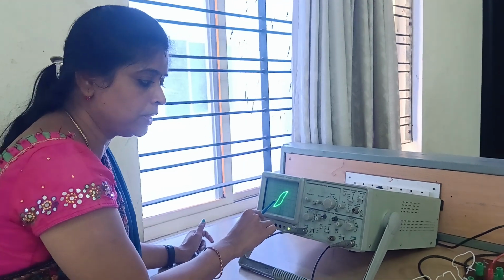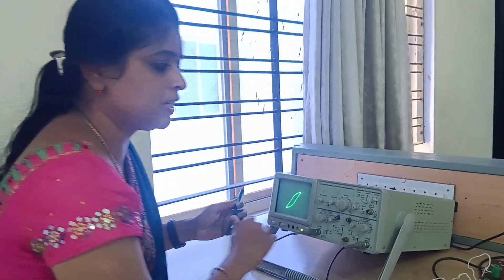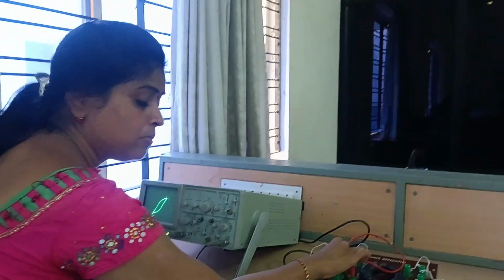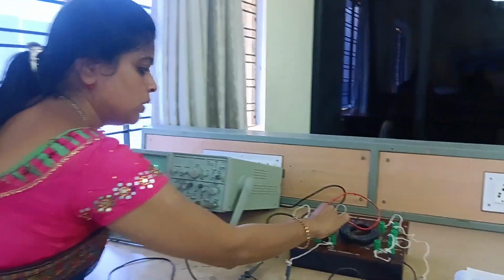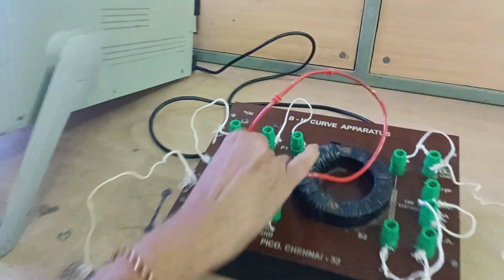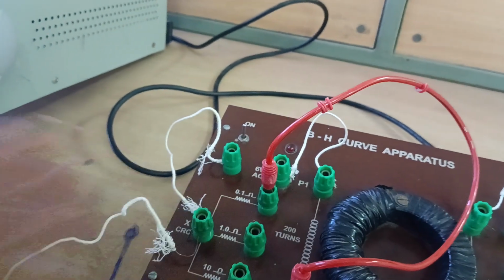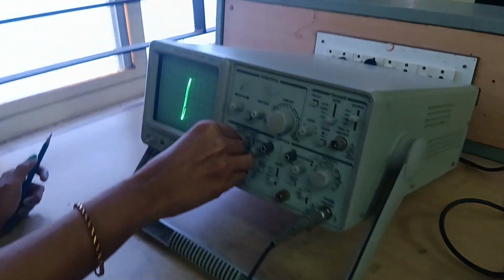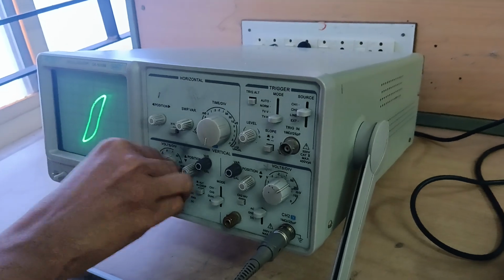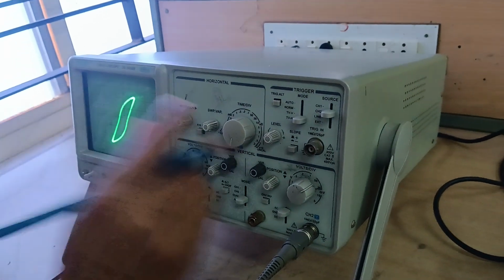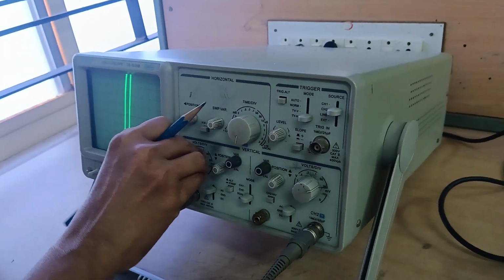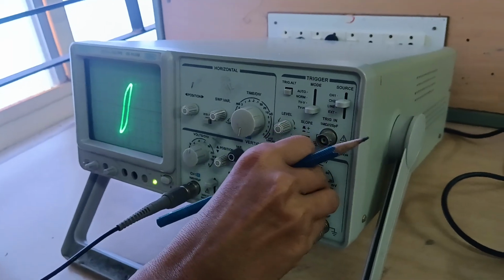For varying different resistances, for example, I will put the wire in the 0.1 ohms resistance, and here the curve comes like this. Here this is channel 1 and channel 2.